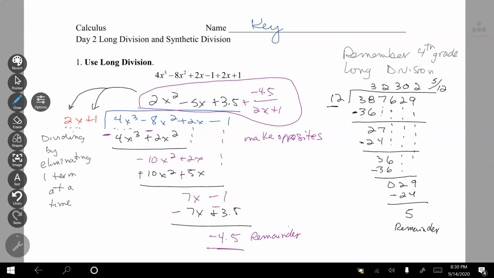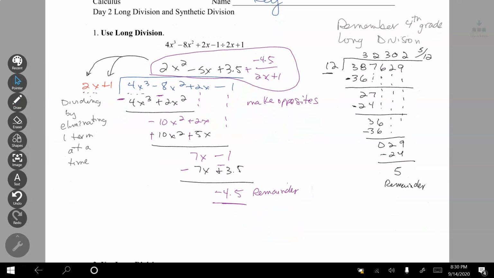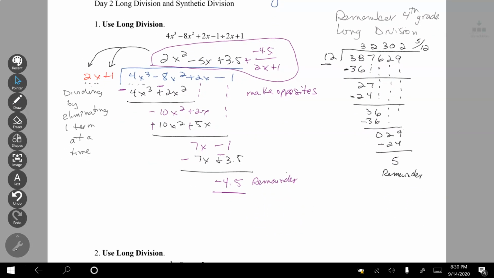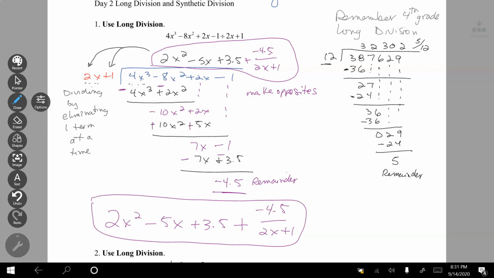And my final result is, I'm going to write it out nice and neat, 2x squared minus 5x plus 3.5 plus the fraction of this. This is my final result.